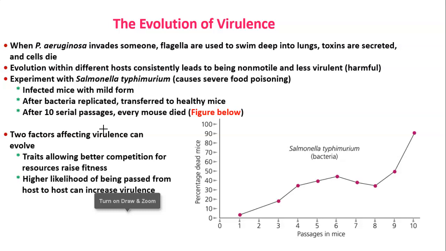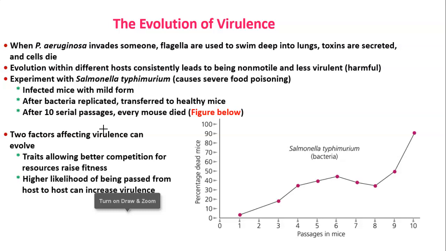Very interesting experiment with Salmonella Typhimurium. This is a bacterium that causes really bad food poisoning. So an experiment was done in which mice were infected with a very mild form of this salmonella.